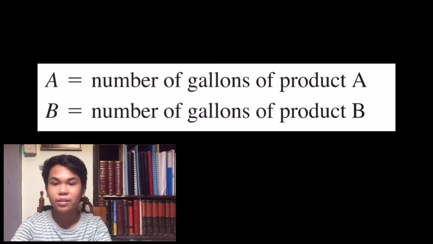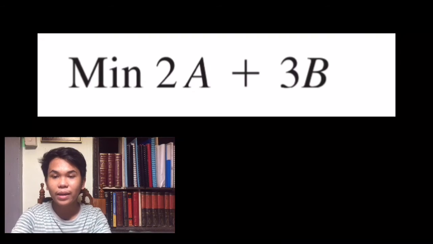Let A represent the number of gallons of product A and B represent the number of gallons of product B. The objective function that corresponds to the minimization of the total production cost may be expressed as min 2A plus 3B, with a production cost of $2 per gallon for product A and $3 per gallon for product B. Consider the limitations that have been imposed on the M&D chemicals problem.